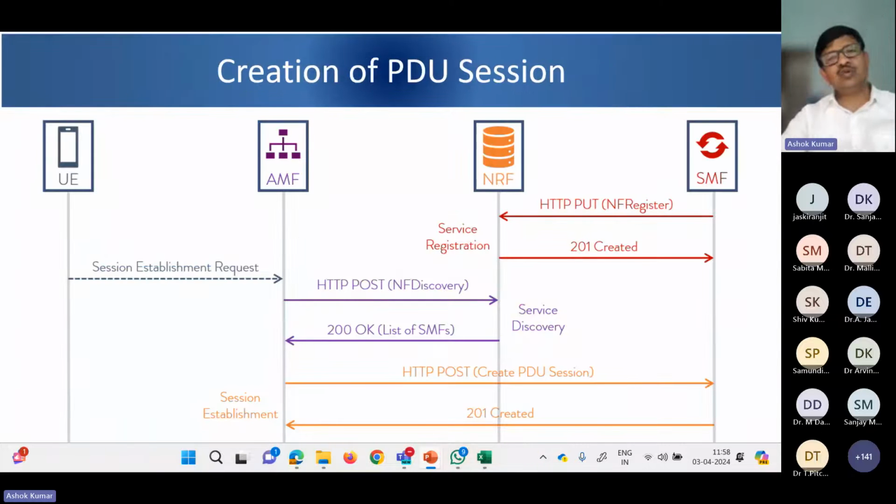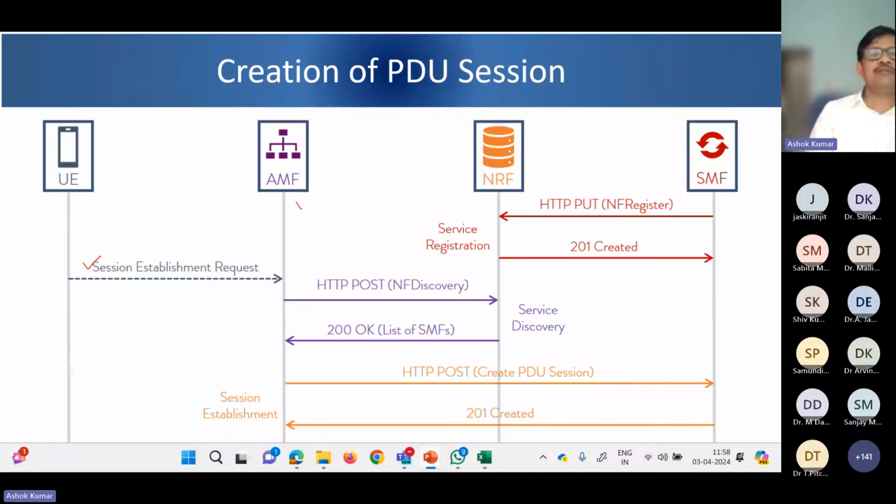Now let's look at, in this particular picture, how a PDU session gets created. If you look at the overall call flow, one of the items there is the session establishment request coming from UE to the AMF, because UE only has access to AMF in the core network.